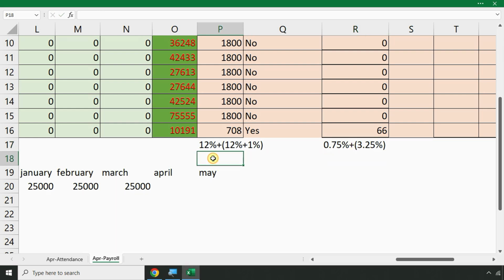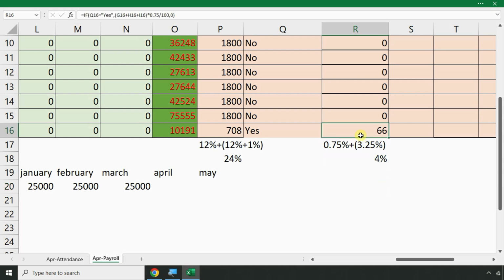Total PF 24%. Total PF 24: employee contribution 12, employer contribution 12, total 24. Out of ESI total 4%, 0.75 is employee, 3.25 is employer.